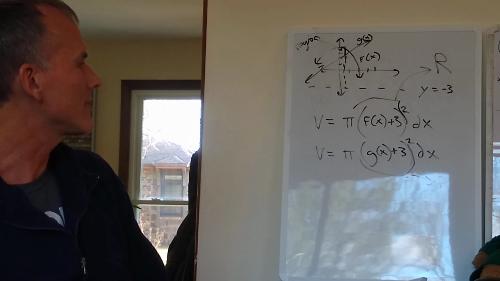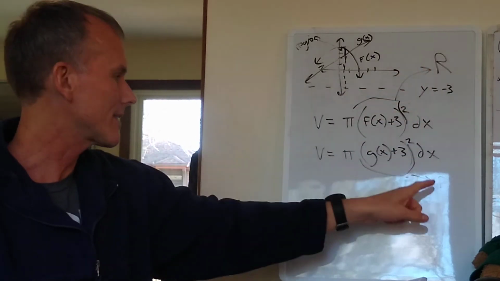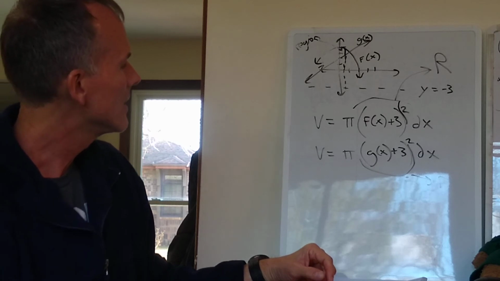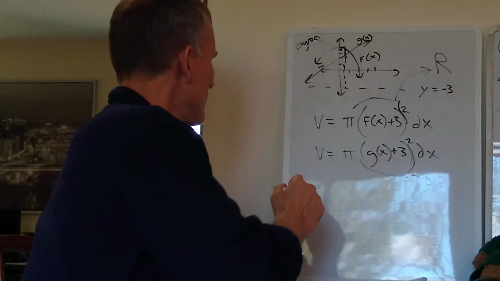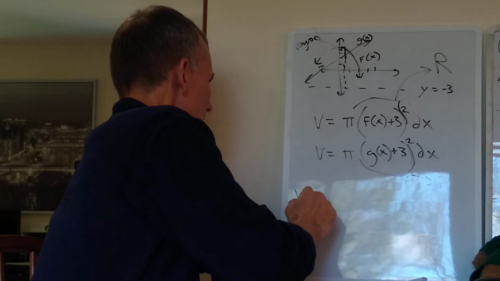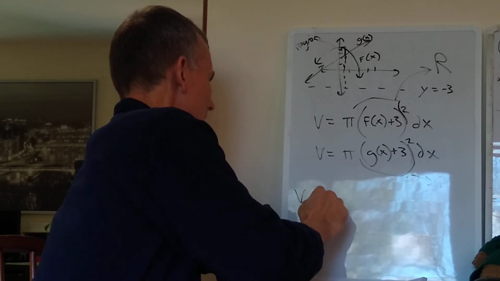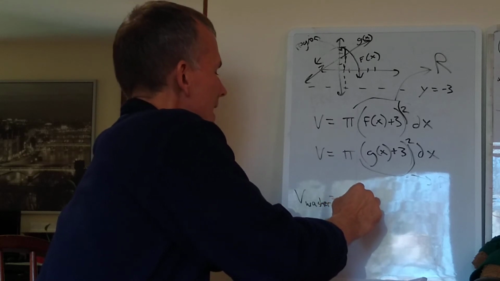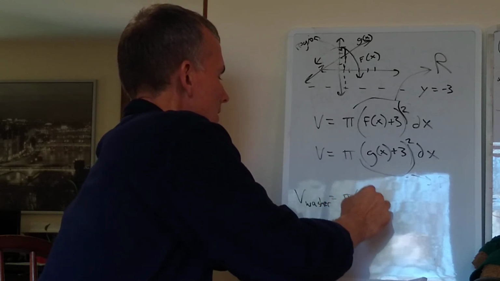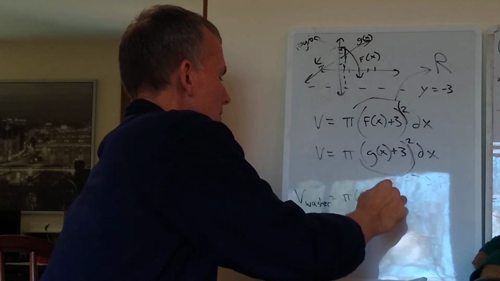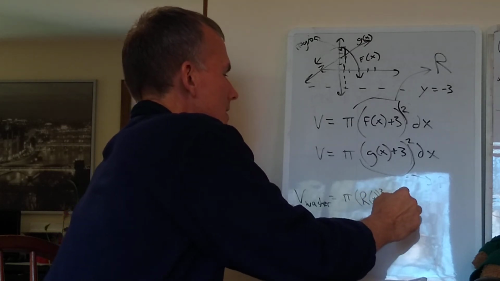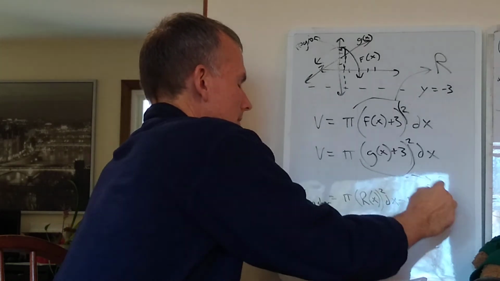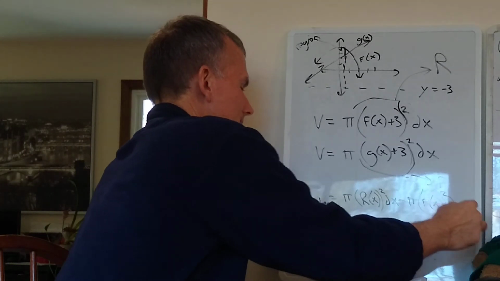Big R is a function of x. I can write that as big R of x. I can write that as little r of x. Okay, but what we end up doing then is the volume of the washer can be written as pi times big R squared dx minus pi times little r squared dx.